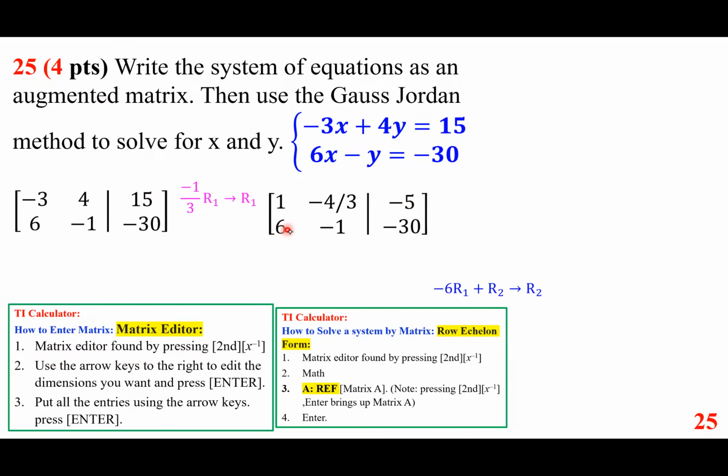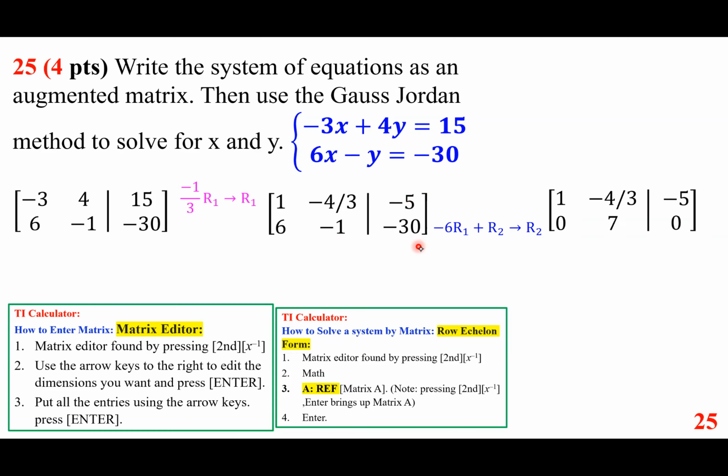So minus 6 R1 plus R2 goes to R2. Multiplying by negative 6, I get positive 24/3, or positive 8, and with negative 1 that gives me 7. And multiplying by negative 6, I get positive 30, and negative 30 is 0.